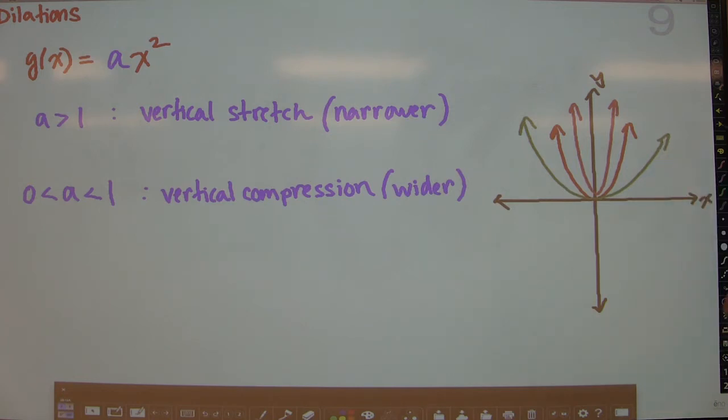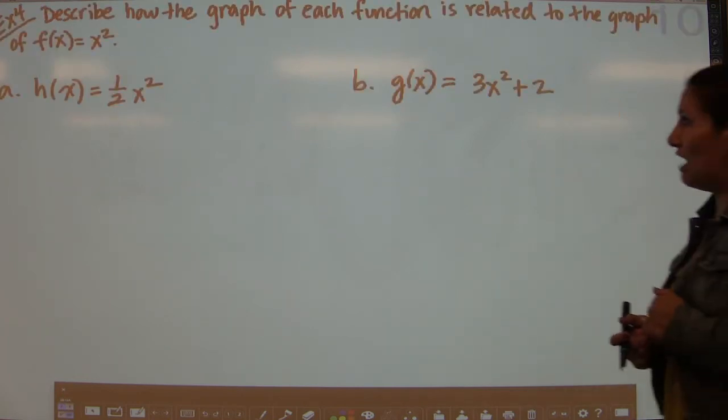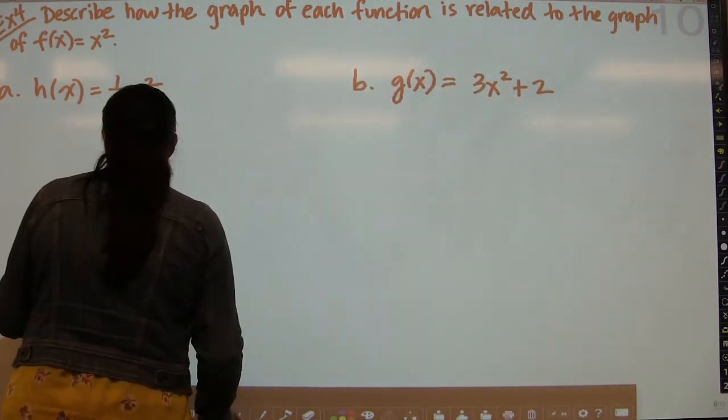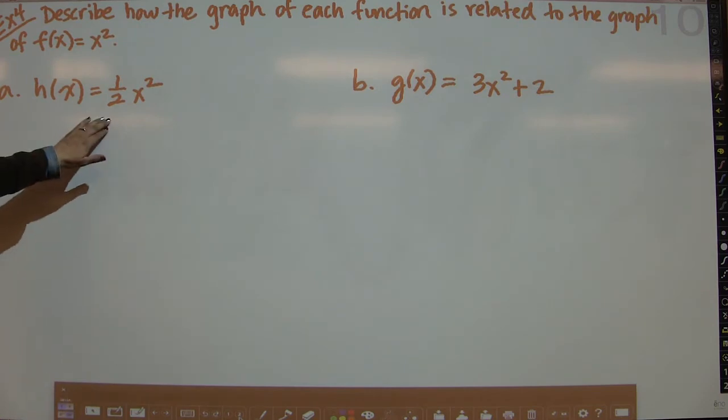All right, so describe how the graph of each function is related to the graph of f of x equals x squared. So we have a 1/2 in front of the x squared this time.